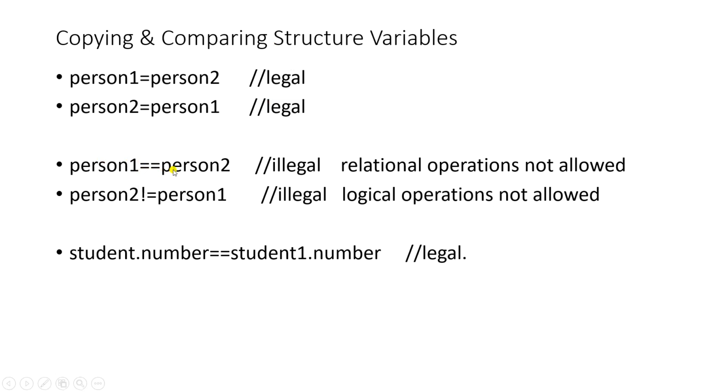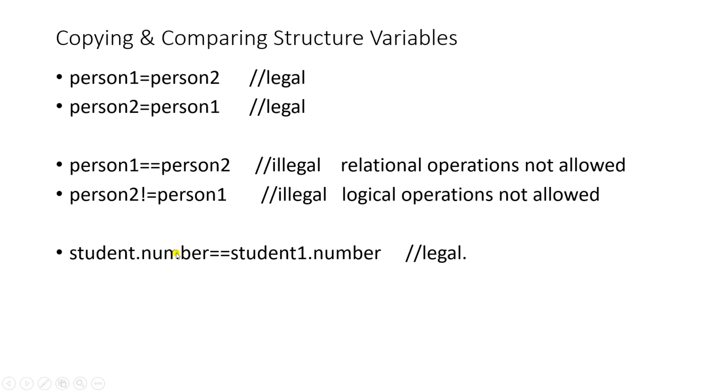not allowed in C. Similarly, you cannot write something like person2 not equal to person1. These two are comparison statements, whether they are equal or not equal. So relational and logical operations are not allowed with structure variables, but you can do it with structure elements. Here one example is given, student.number.